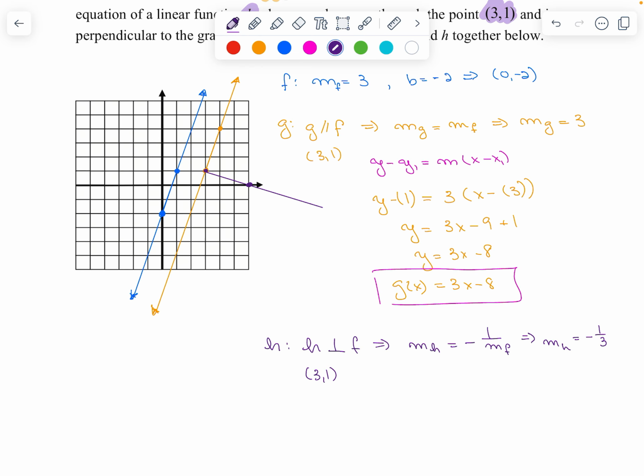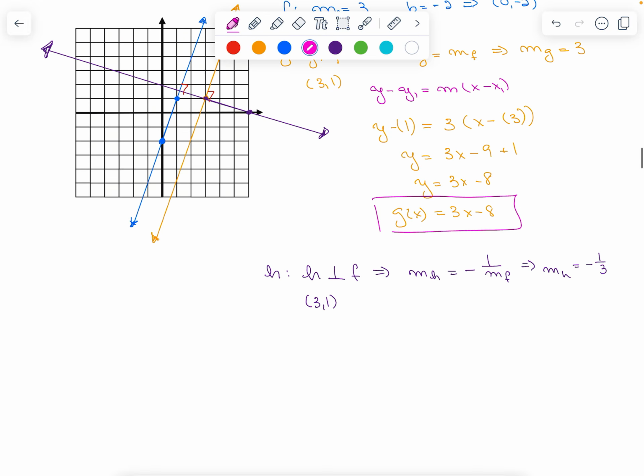Connecting the dot and connecting this line, so we have here, now you can see this is perpendicular to both the lines. So that means that we have a right angle when it intersects.